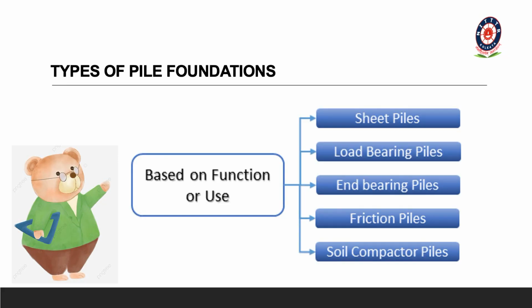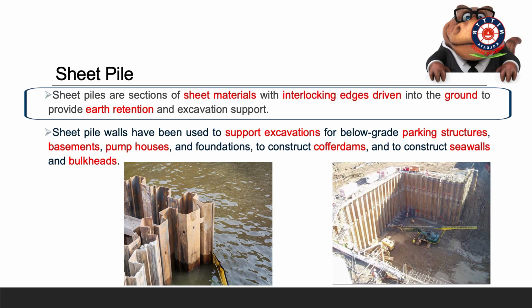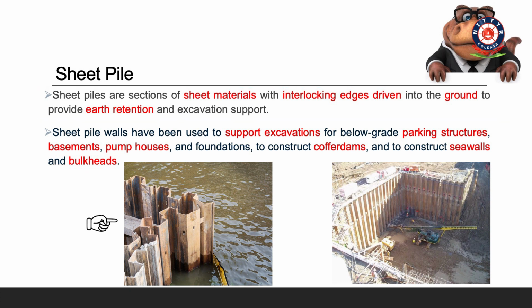Now coming to the types of pile foundation, we again have five types: sheet pile, load bearing pile, end bearing piles, friction pile and soil compaction pile, or we can call them soil compactor piles. So when we are recommending the sheet pile, what is the objective? Sheet piles are sections of sheet material with interlocking edges driven into the ground. You can see this is the sheet material.